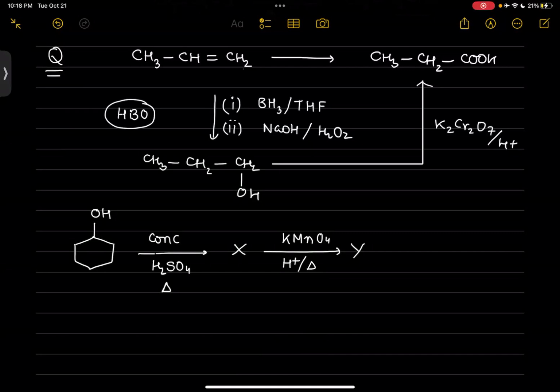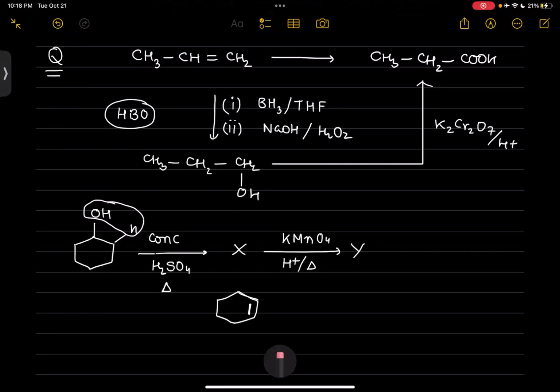What is the IUPAC name of X? Cyclohexene, right, Aisha? Yes. Because water is getting removed, H and OH, by heating with concentrated H2SO4, and you are going to form a double bond.